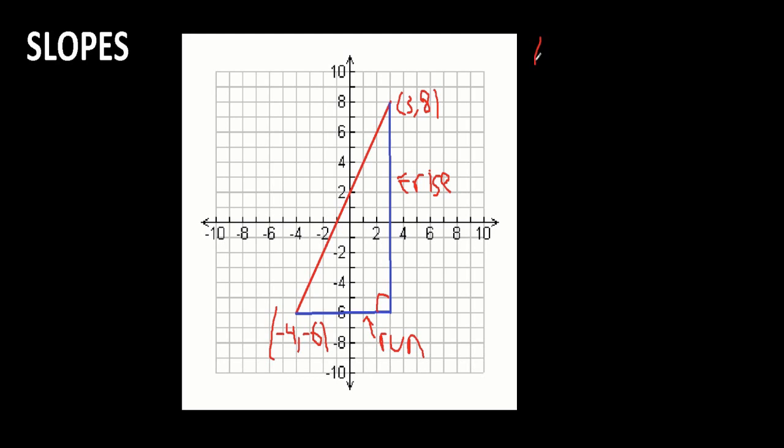So the rise of this line is equal to 8, our first y coordinate, minus negative 6. And that gives us 14.